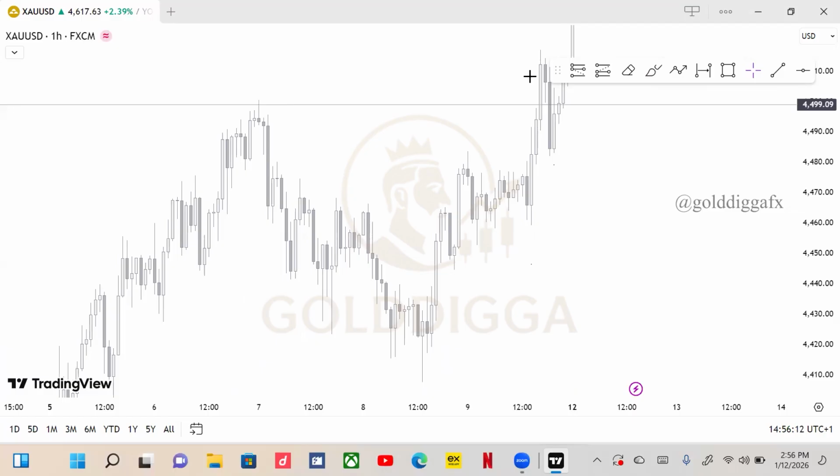Higher highs and higher lows, higher highs and higher lows. Remember, a higher high only has to be higher than the previous high. It doesn't have to break anything. It just has to be higher than the previous high. Whether it's higher with the body or higher with the wick, doesn't matter, right? But for the break of structure, you need to have a body close above the previous high, right?